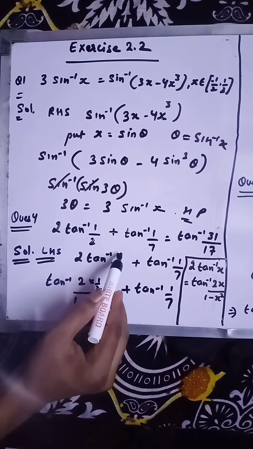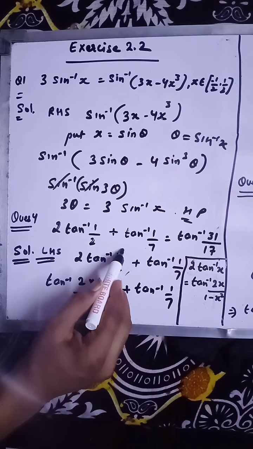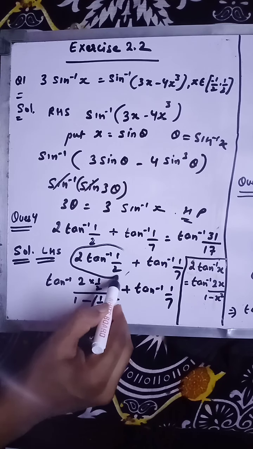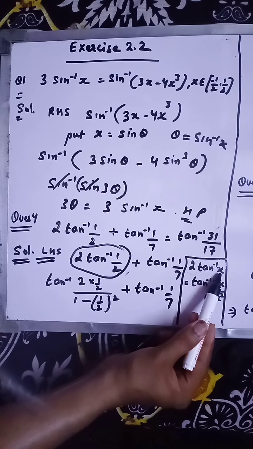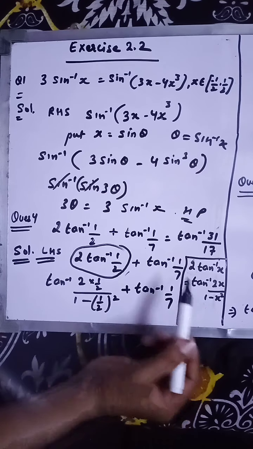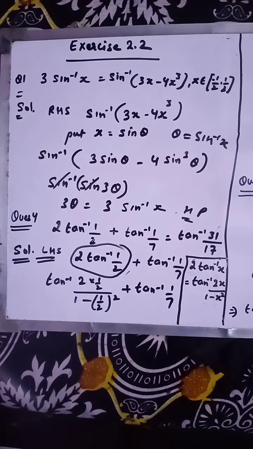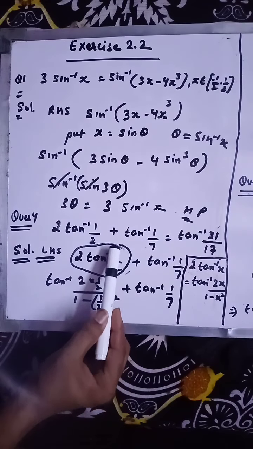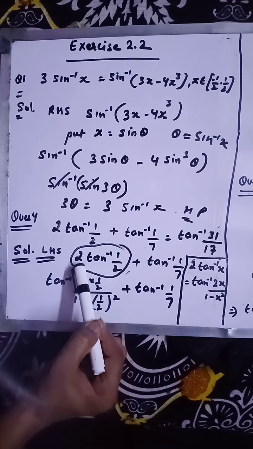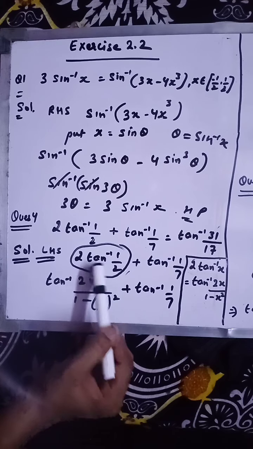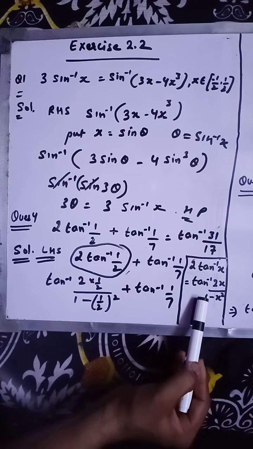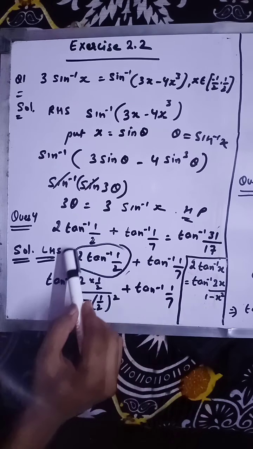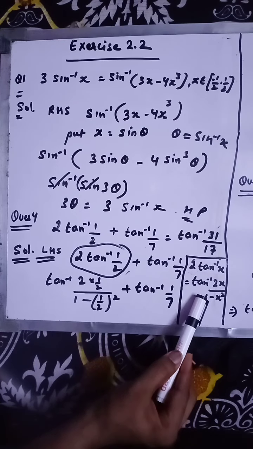Now here I can see it has a formula, it is 2 tan inverse x. Here you can see 2 tan inverse 1 by 2, so it is in the form of 2 tan inverse x. So it has a formula, the formula is this, and in place of this you have to apply this formula.